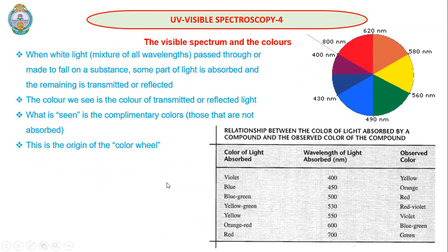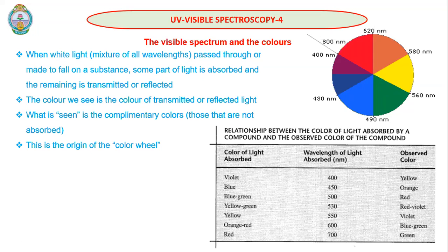Now, what is the color of compounds? As we know, with our naked eye, we can see colors, right? But what is the reason for the color of compounds? We observe only visible light. So compounds which interact with visible light appear to us with different colors.